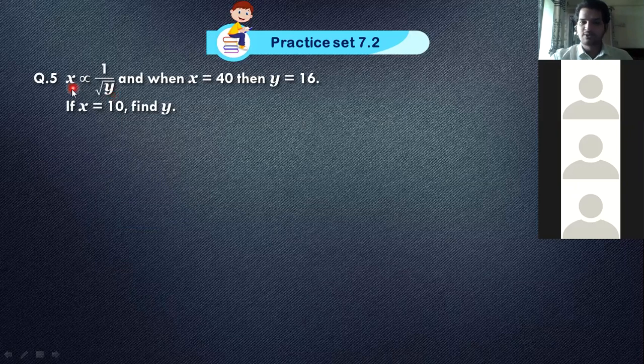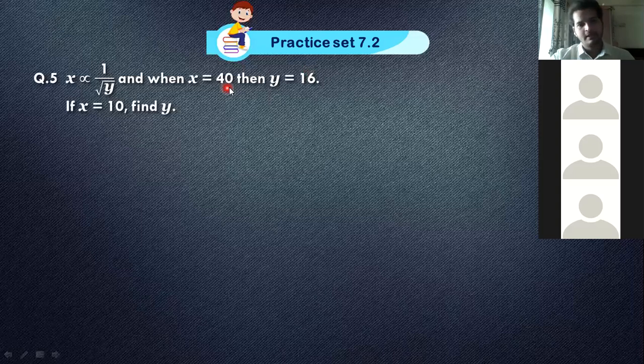How we are reading it very carefully. Once again, we will read it. X is inversely proportional to square root of y. And when x equals 40, then y equals 16. So if x equals 10, find the value of y.